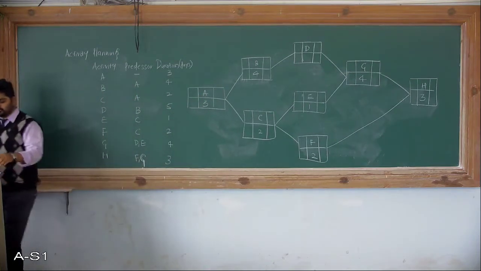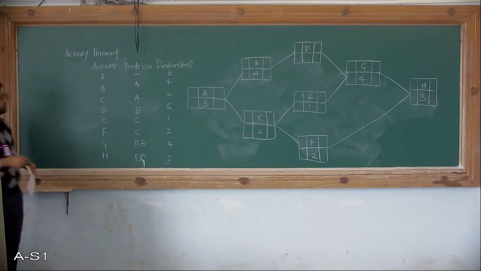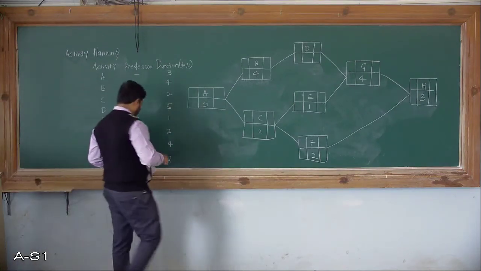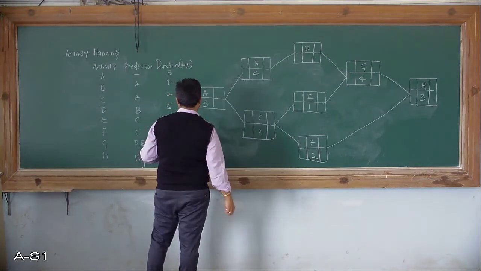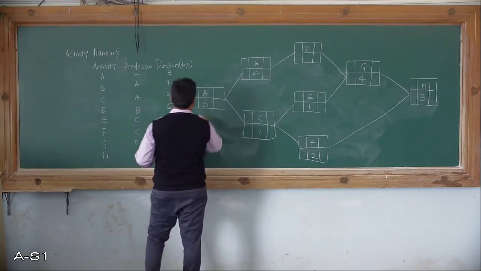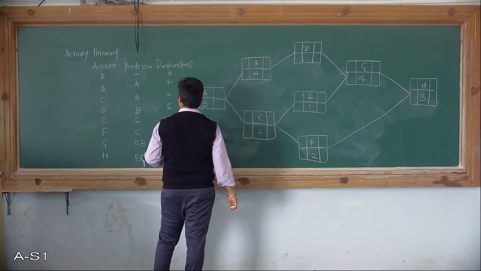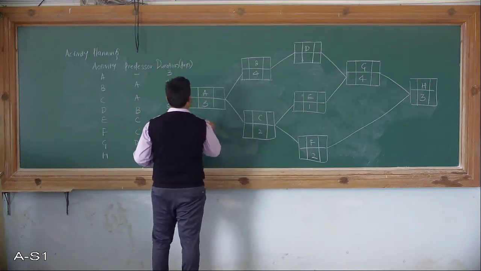Fine. So to identify these, see, the first activity A starts at the 0th level, the initial level, because it is the very first activity performed in your activity precedence network.